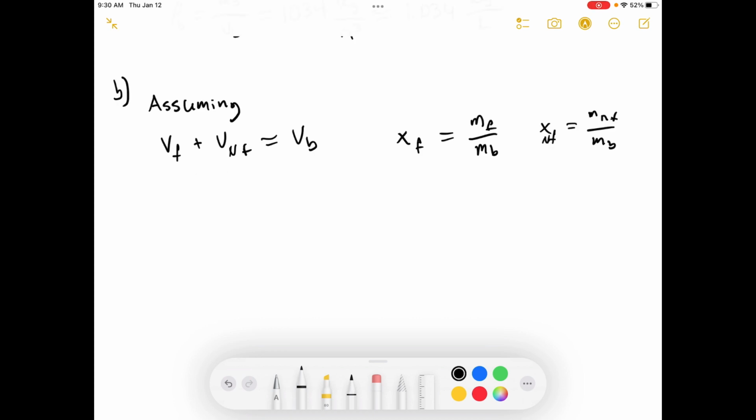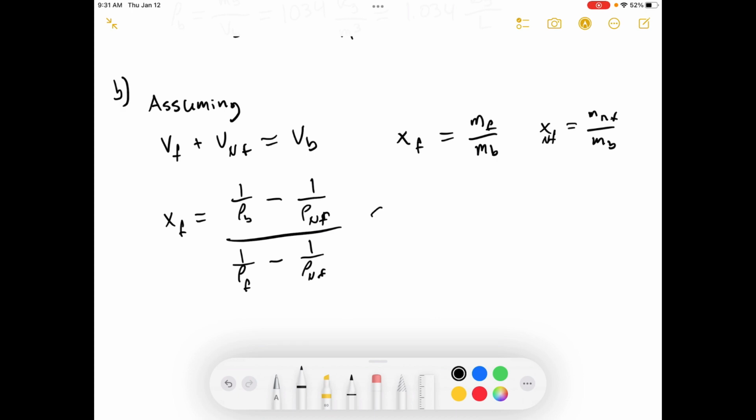Okay? And then we need to prove that this mass fraction is equal to 1 over the density of the body minus 1 over the density of the non-fat portion, over 1 over the density of the fat minus 1 over the density of the non-fat.